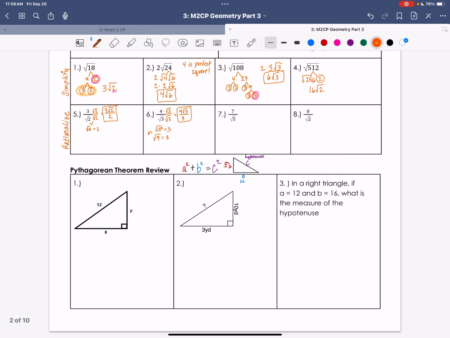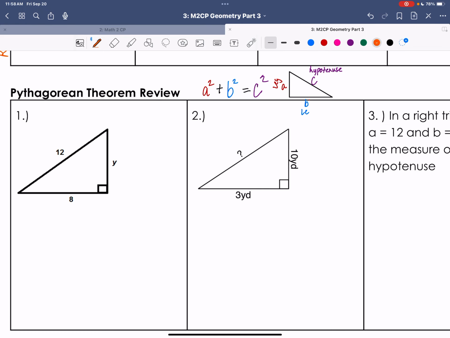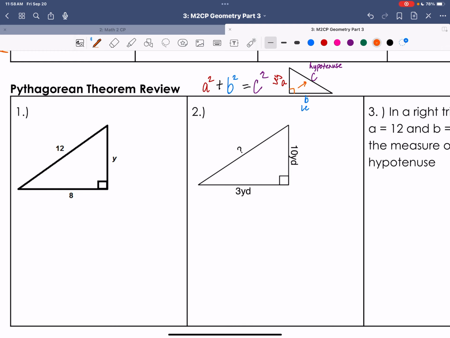All right, good old Pythagorean theorem. A squared plus b squared equals c squared. Remember, your legs make the right angle, and your hypotenuse is opposite the right angle. So I'm only going to do a couple here because this should be a review, but just remember when you're doing this, you're going to go 8 squared plus y squared equals 12 squared, and then go ahead, simplify.